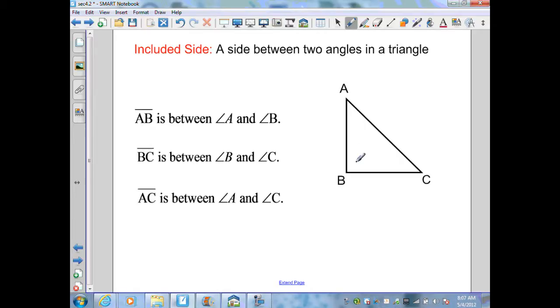And that's kind of the way to look at it. If the segment is sandwiched in between the 2 angles, it is included between those 2 angles. Segment BC is sandwiched between angle B and C, and segment AC is sandwiched between angle A and C. In other words, they're included sides when they're sandwiched between the 2 angles.